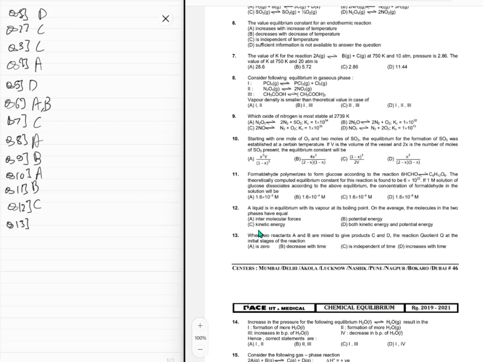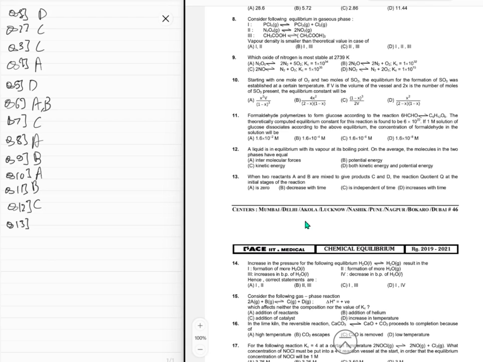When two reactants A and B are mixed to give product C and D, the reaction quotient Q at the initial stages of the reaction. It's pretty big, I mean, it's bigger than the equilibrium constant, of course. So it decreases with time. Yes, it does. Is it independent of time? No. Is it zero?